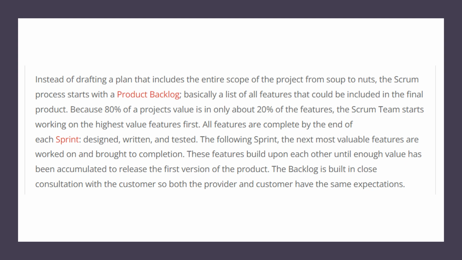The following sprint, the next most valuable features are worked on and brought to completion. These features build upon each other until enough value has been accumulated to release the first version of the product. The backlog is built in close consultation with the customer, so both the provider and customer have the same expectation.